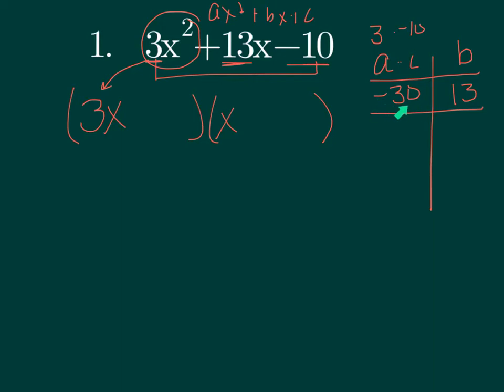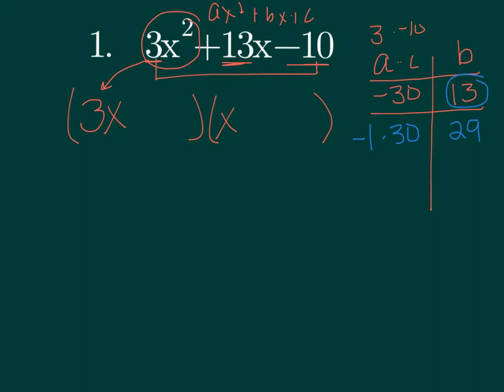I'm just going to start with 1 and go down until I don't repeat any more numbers. If I take negative 1 times 30, I get negative 30. Now, when I add, I get 29. Well, I want 13. That didn't work.